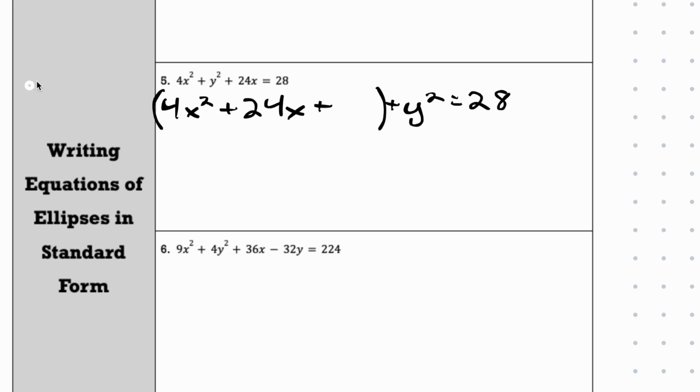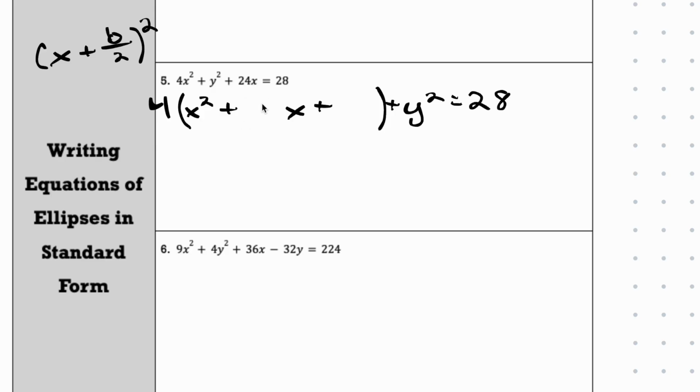So that's to say something like x plus b over 2 squared. That's essentially going to be our factored form for a perfect square when our a value is 1. So I need to make my a value 1, and I'm going to factor 4 out of these two terms.